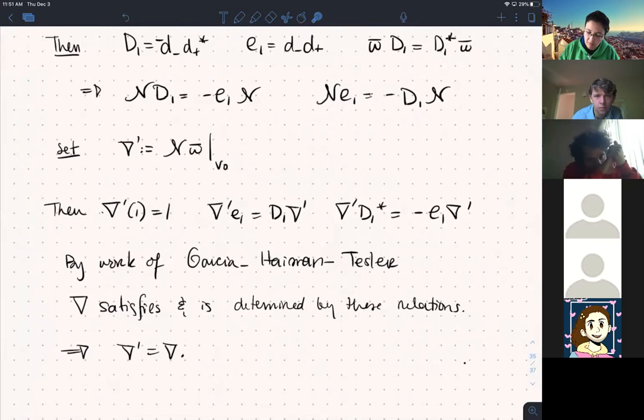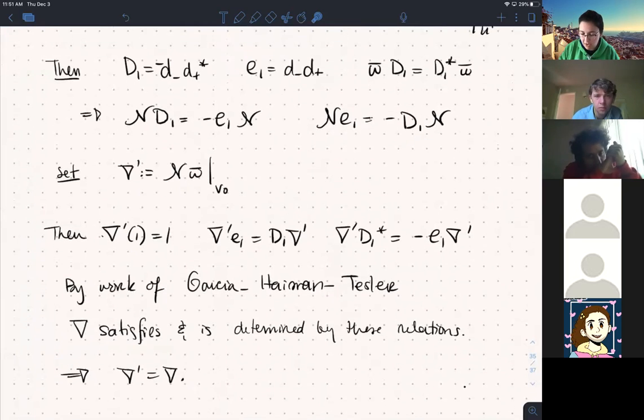Under this definition, the nabla prime satisfies this condition, with respect to this weird operator D1, satisfies this condition. And then they just appeal to previous work of Garsia, Haiman, and Tesler that tells you that this operator nabla is actually defined and determined by these 3 relations. So if you have another operator that satisfies the exact same relations, it has to be nabla, and therefore it's true.